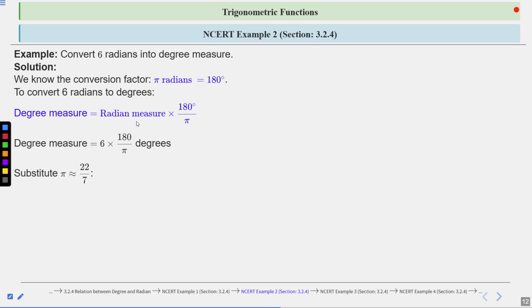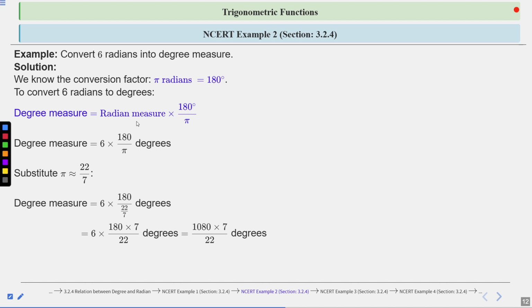Now here we are using our pi value 22 by 7. The degree measure is simply 6 times 180 by 22 by 7 degrees, which gives me 6 times 180 times 7 by 22.